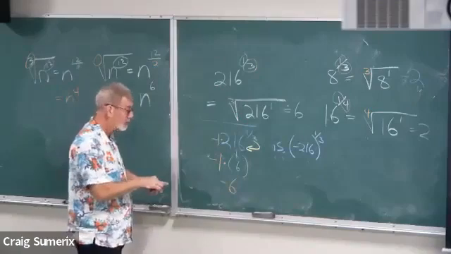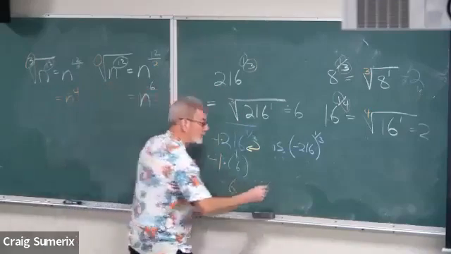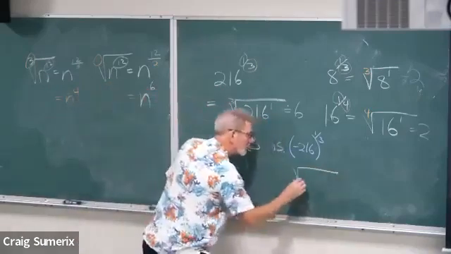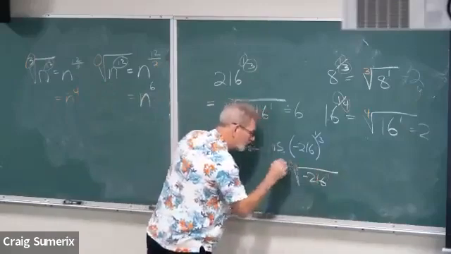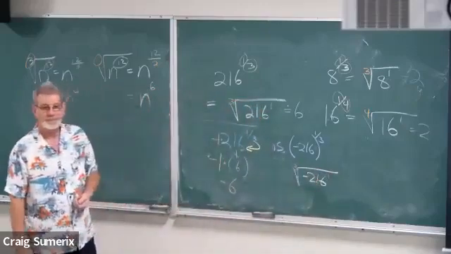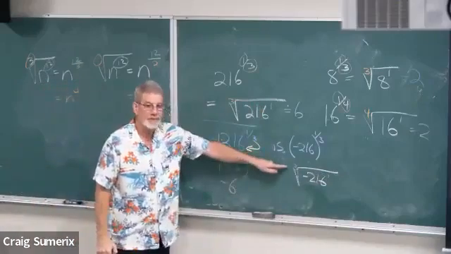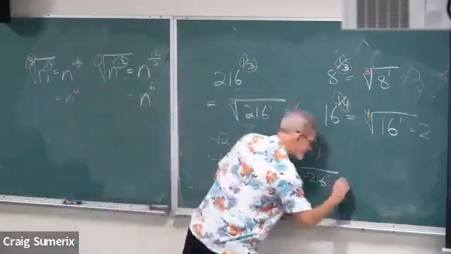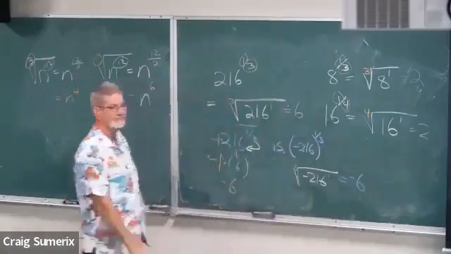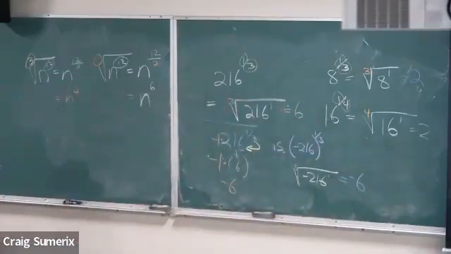Can we do that? Well, let's set it up as -216 to the 1/3. Is this possible? Odd root, we can have a negative, can't we? So everything we did with exponents still applies.